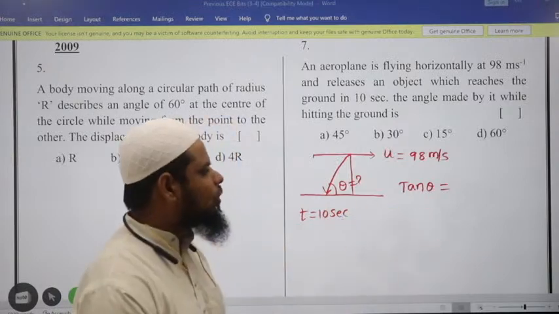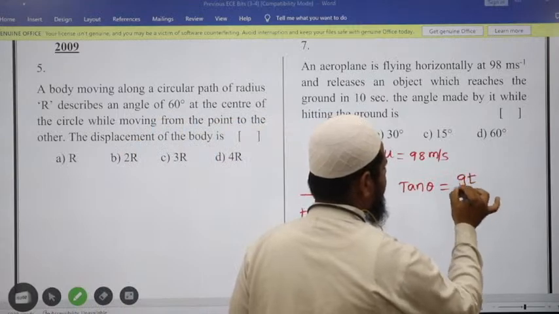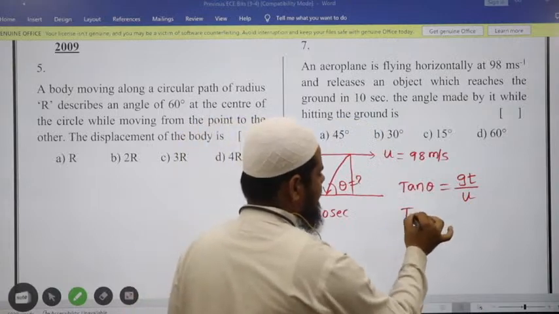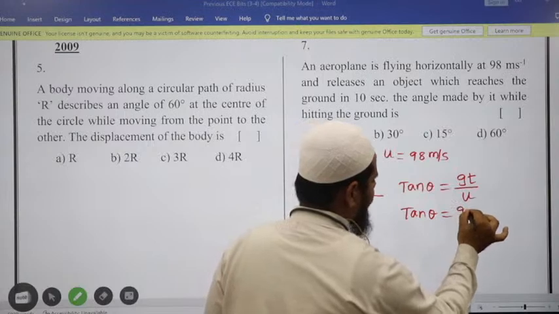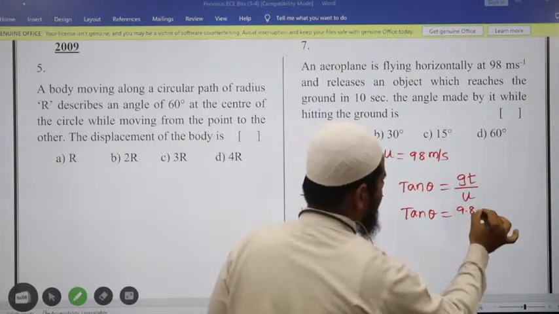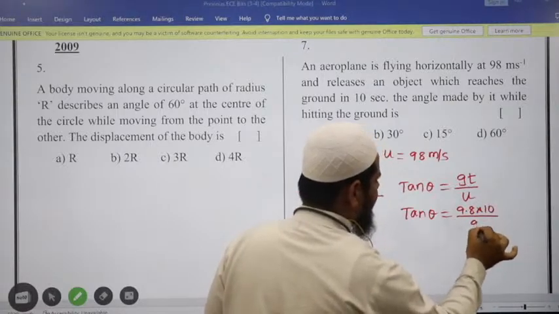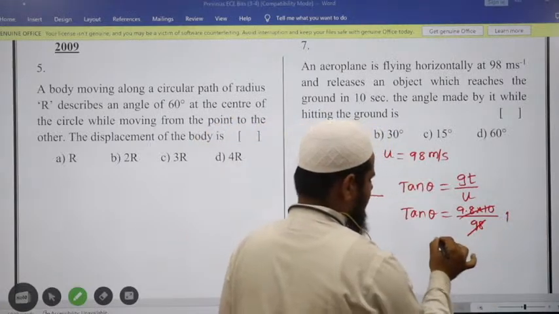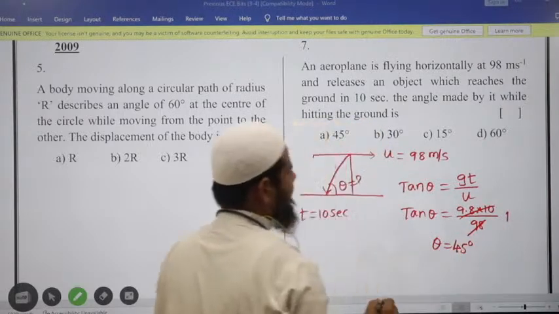So here I'll go with gt by u. In that case, tan theta is equal to g t, 9.8 into 10 by 98. These two get cancelled. You will get 1. Theta is equal to 45 degrees. So that is the answer.